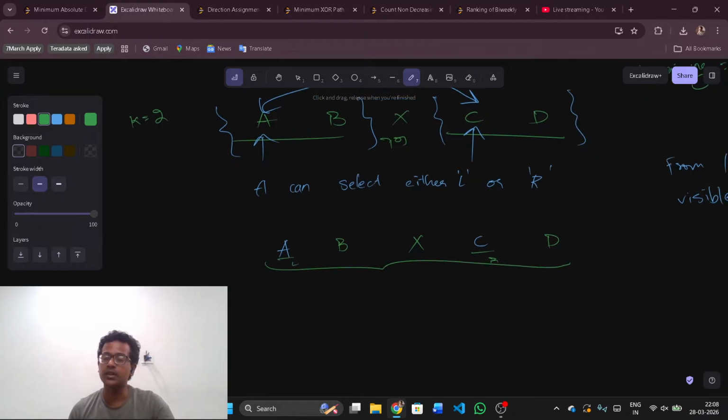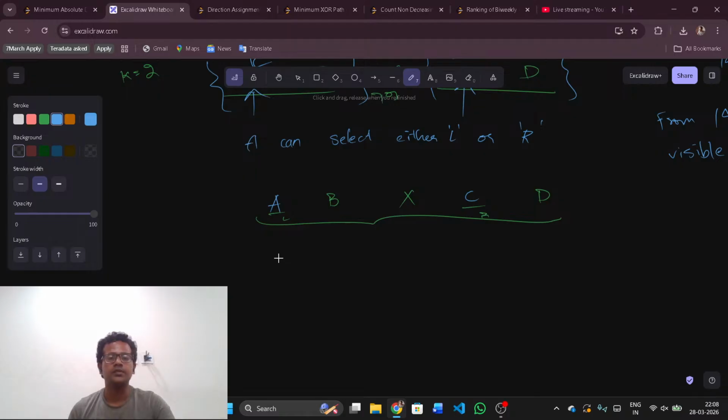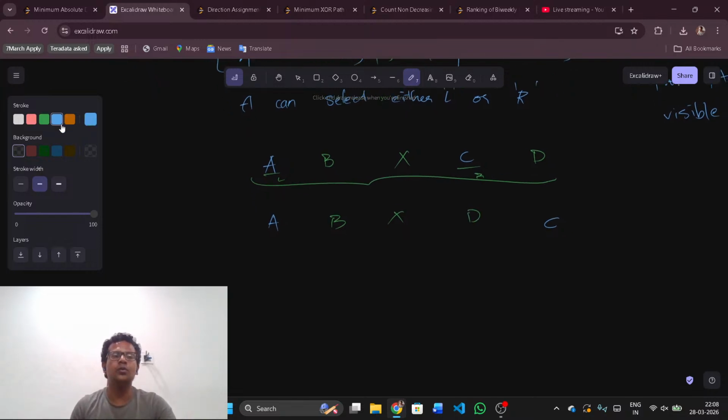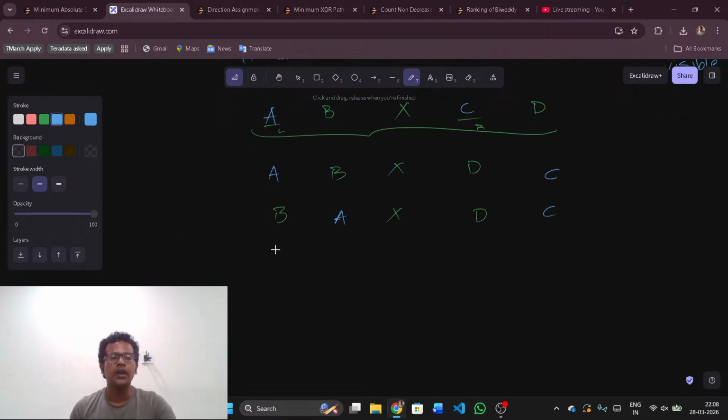There is another way where I can place A, C is here, and B, X, D, right? Now there is also another way where A comes here and B, X, D, and then C comes here. Now A comes here and then C comes here and B, X, D comes here.